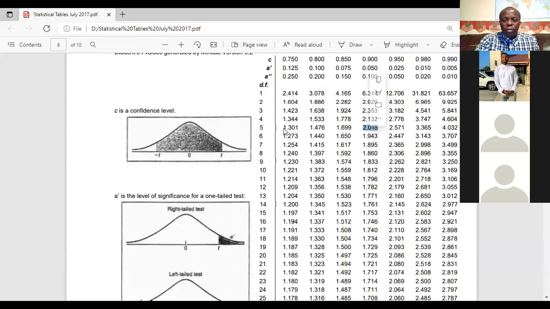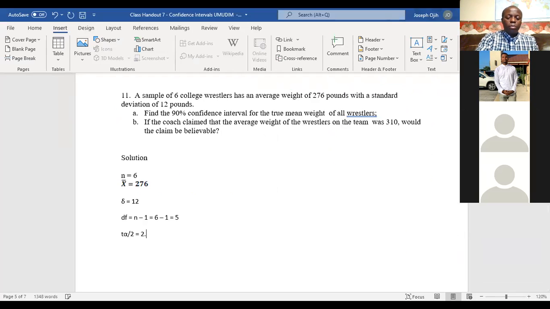See, it's right here, 5 and 10%. So t alpha over 2 is 2.015. Write it down here.